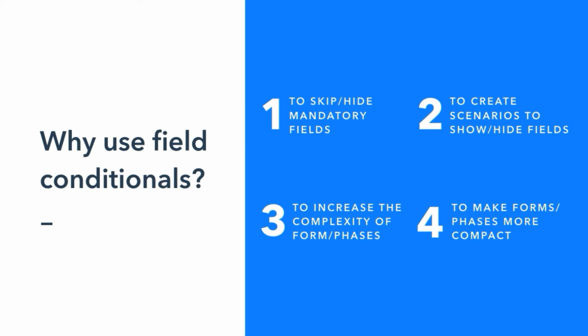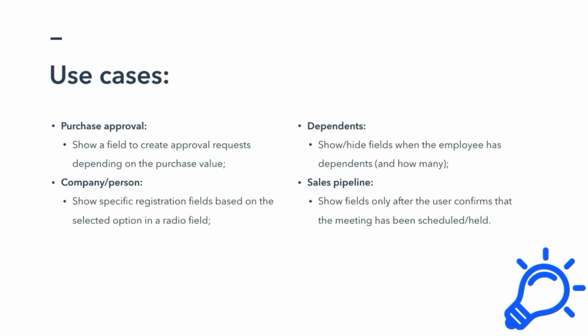And fourth, but not least, is to make forms or phases more compact. You can choose to only display fields in certain scenarios, making your forms and phases much more compact and easier to navigate. We're going to present a few use cases to demonstrate how this feature works.